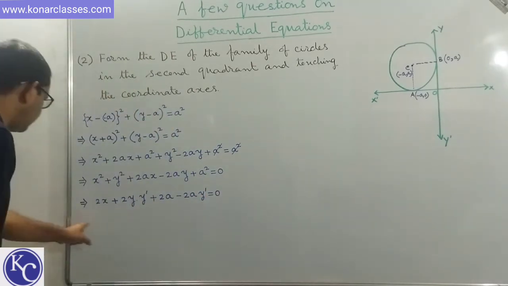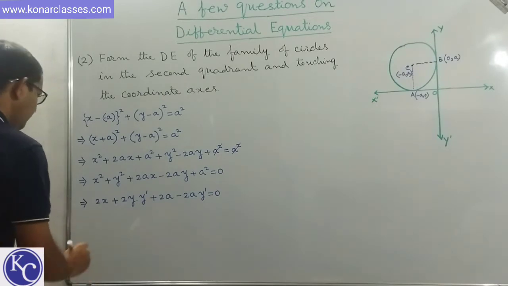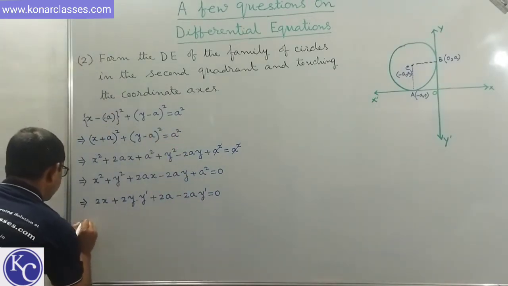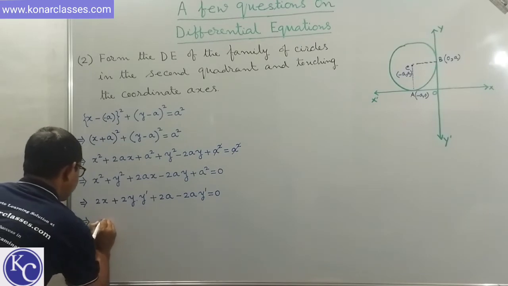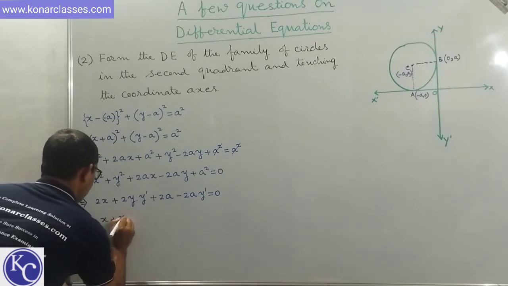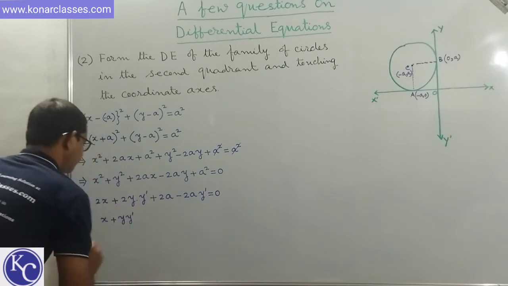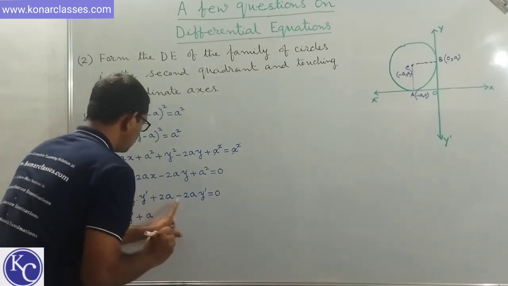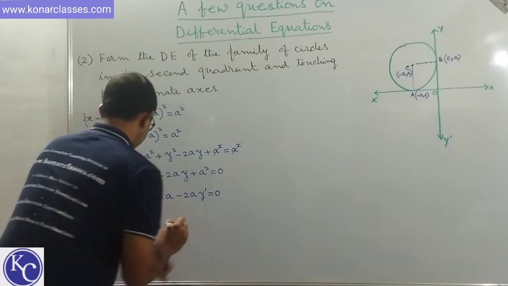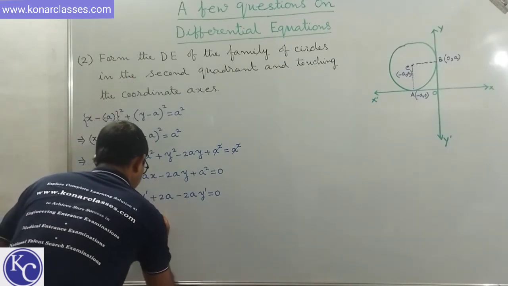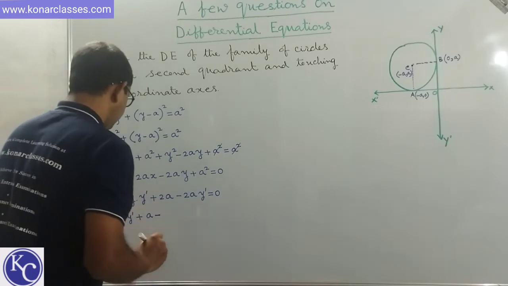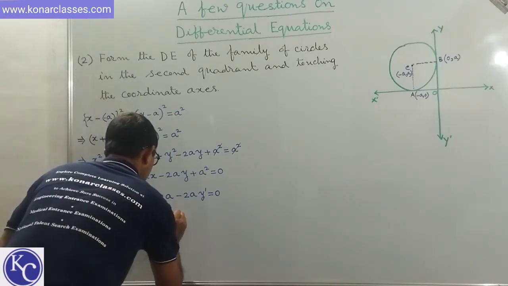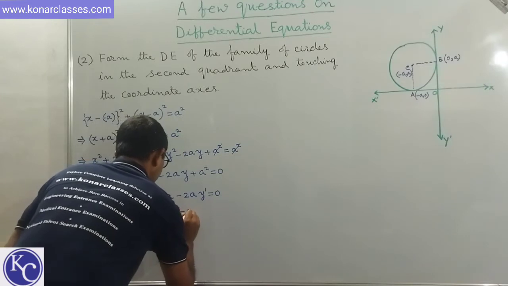So from all these things we can cancel out the 2. So what we are going to get, dear students? From here we get x plus y into y dash plus a minus a into y dash, that is equal to 0.